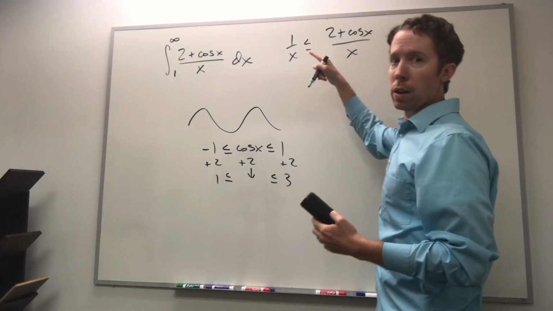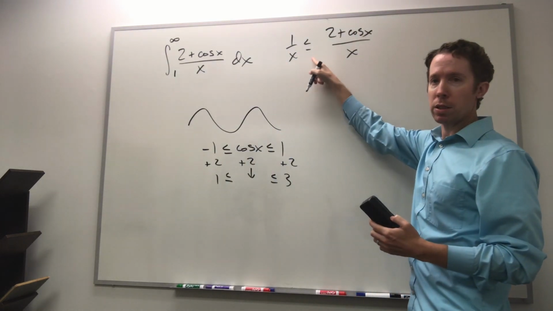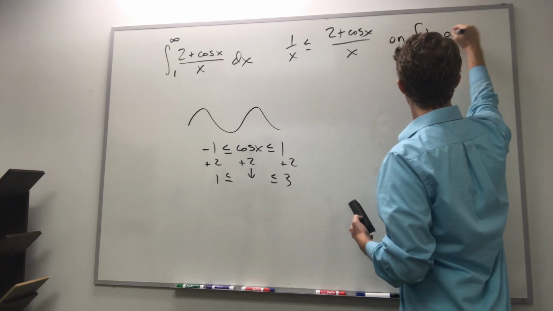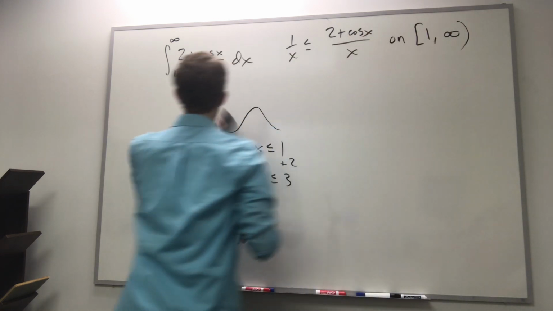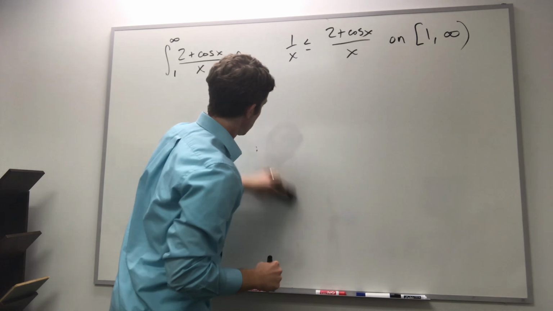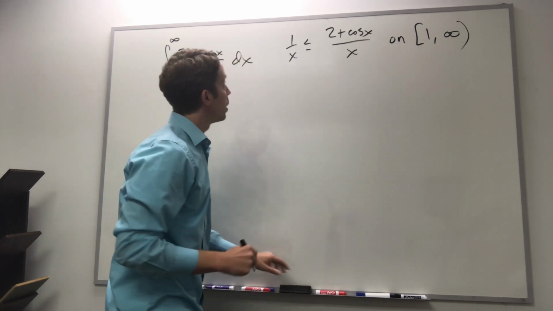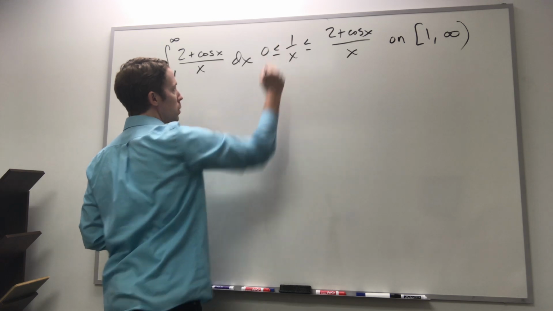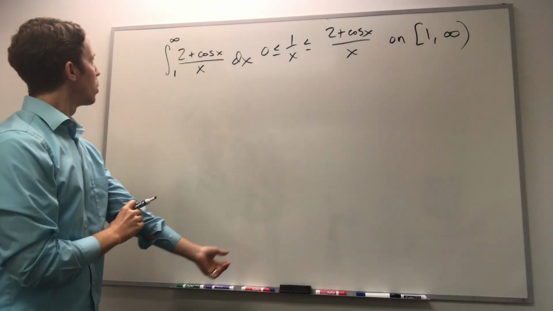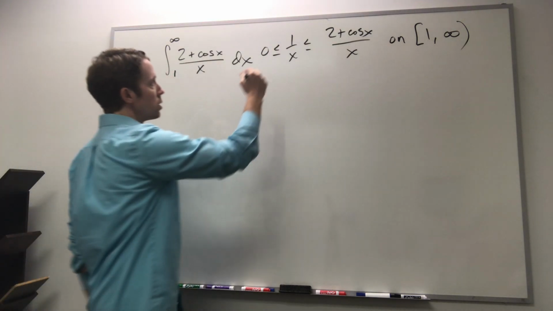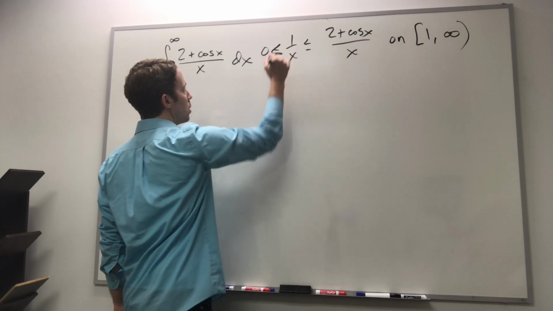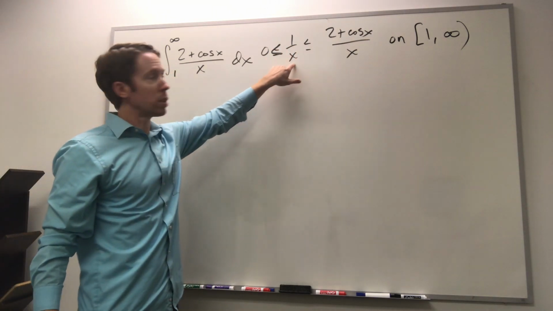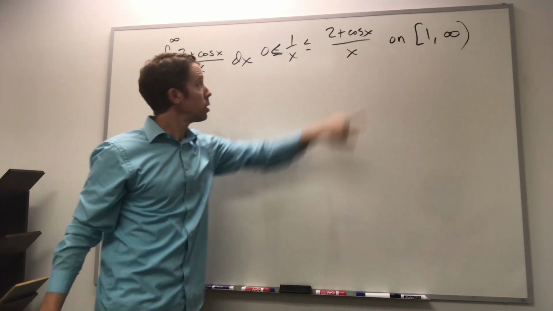From 1 to infinity, this function is less than or equal to this one. And this is positive, greater than or equal to 0. I guess I could say it's strictly greater than 0. So because of that, if this diverges, then this definitely diverges.